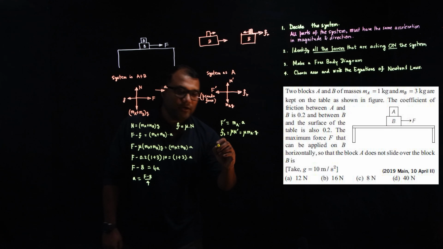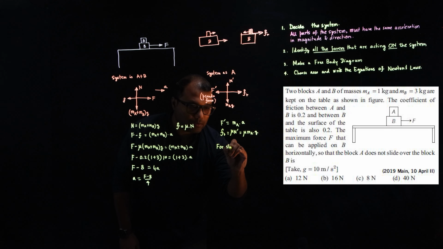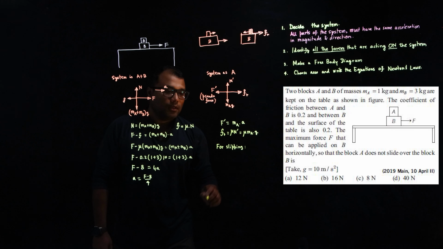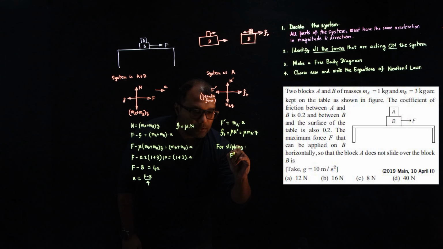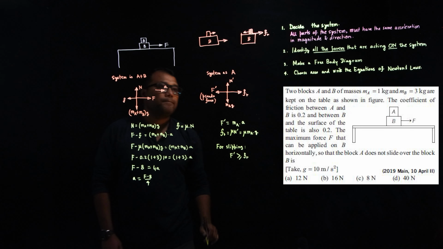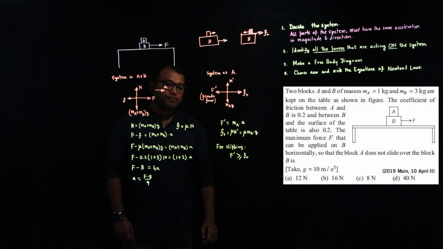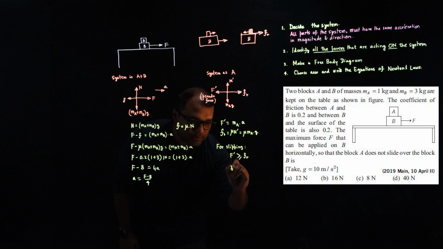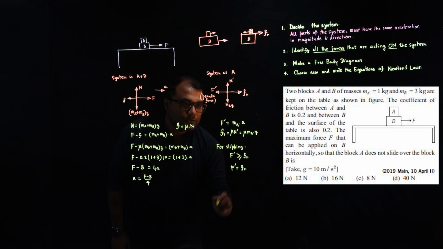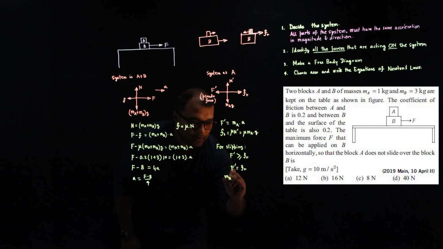Now for slipping to happen, F dashed must be greater than or equal to Fr. Only then is the body moving to the other side. So in the limiting case, we can write F dashed equals Fr. So F dashed is MA times A, and Fr is mu MA times g.